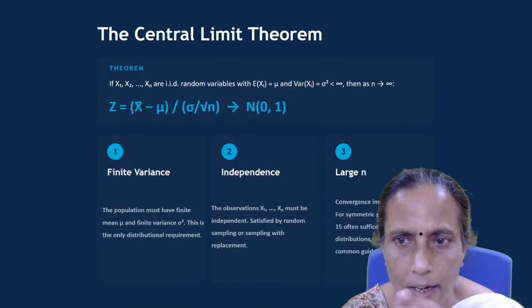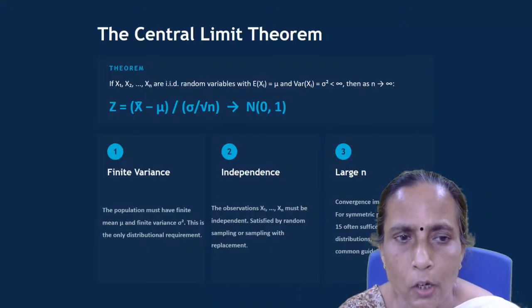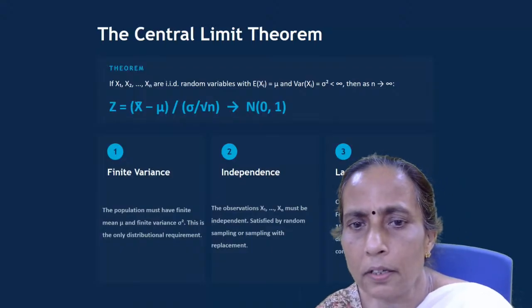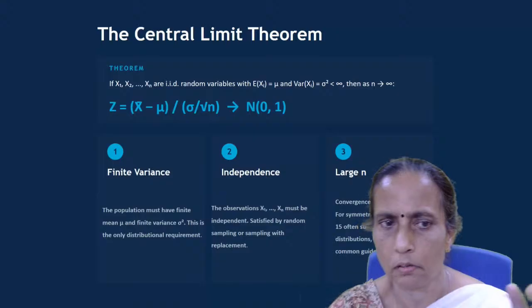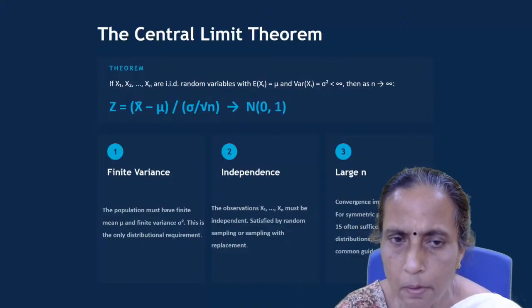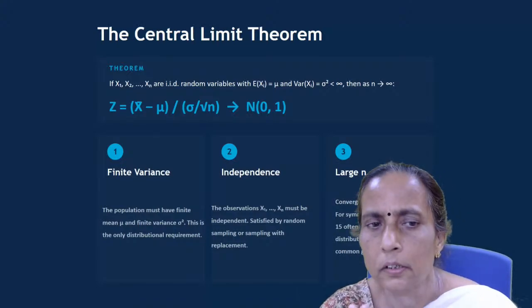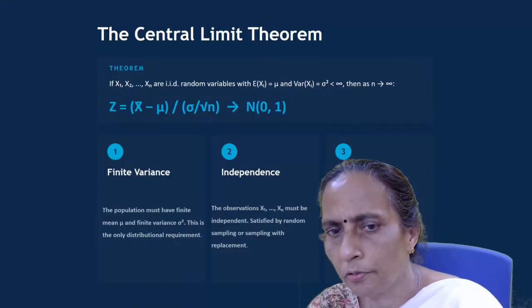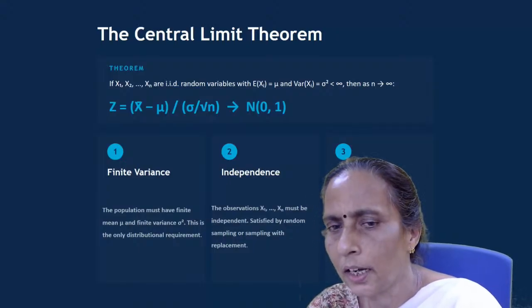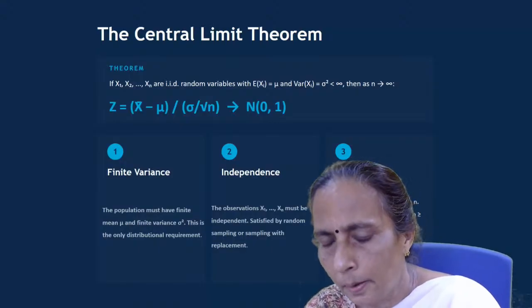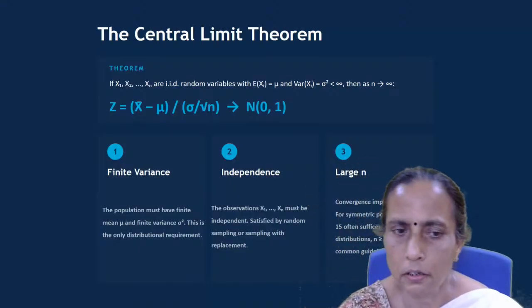If n is very large, in that case the sample mean will give a standard normal variable Z equal to x bar minus mu divided by sigma on root n, which is a standard normal distribution. We know that the standard normal distribution has a mean 0 and standard deviation 1.